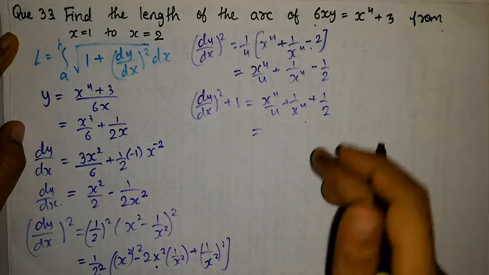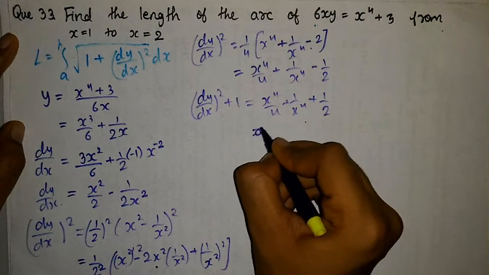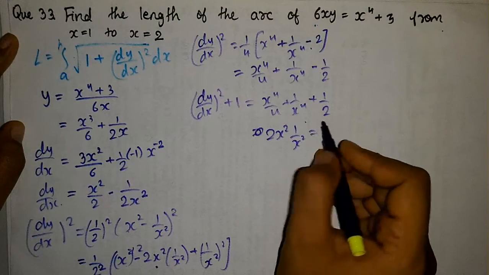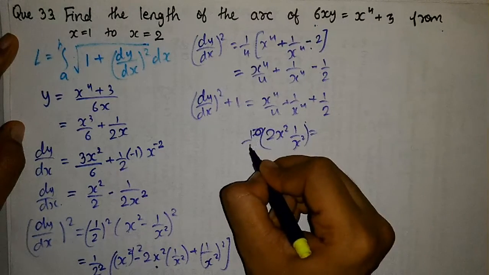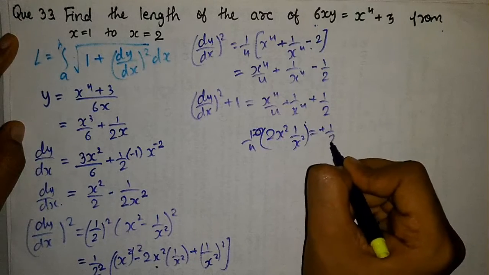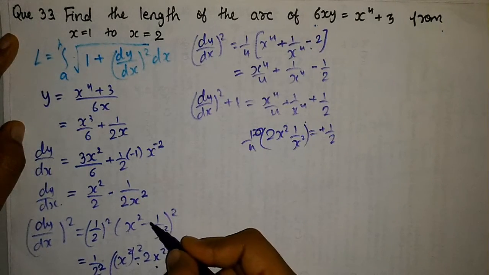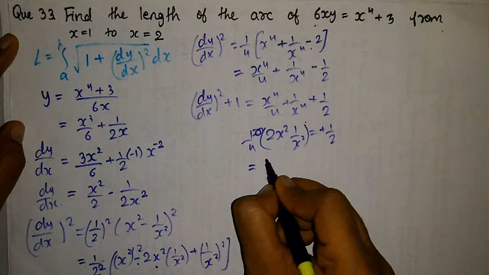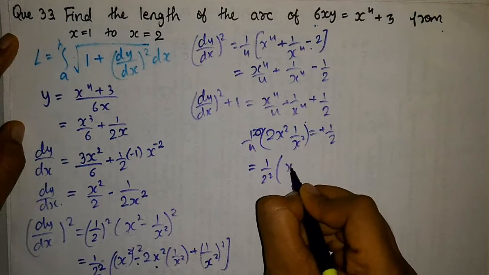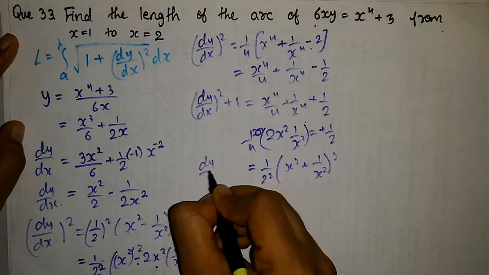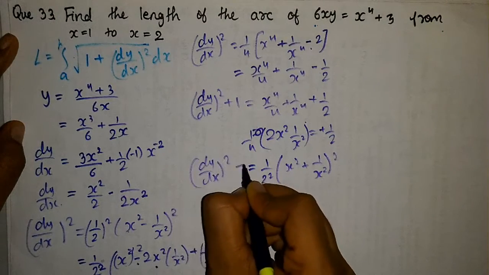So we convert this into the form of a square. Since 2 into x^2 into 1/x^2 with the 1/4 outside gives plus 1/2, adding it here we get plus. So this will be (1/2)^2 into (x^2 + 1/x^2) whole square. This is (dy/dx)^2 plus 1.